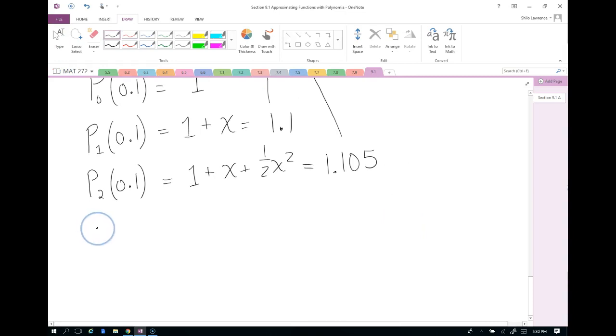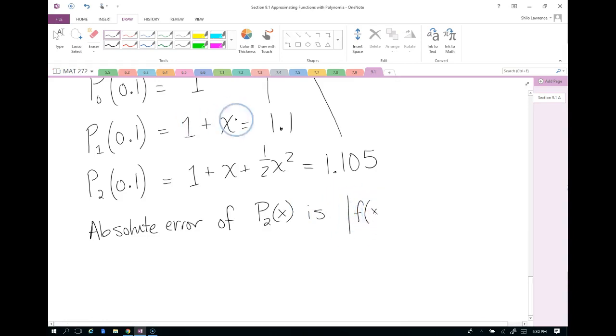There's also something called absolute error that we could check. And absolute error is exactly how far off you are from the actual value. So we're going to do this for just p sub 2. The absolute error of p sub 2 is the absolute value of f of x minus p sub 2 of x.